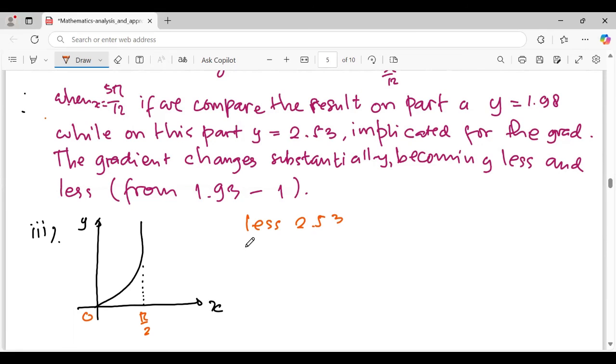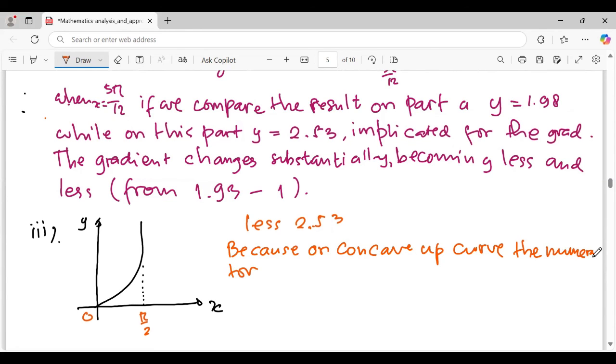Because the numerator, on a concave up curve, the numerator becomes less and less.